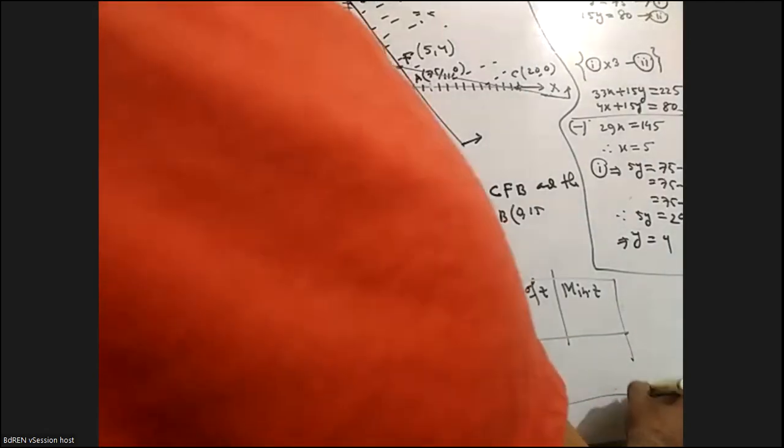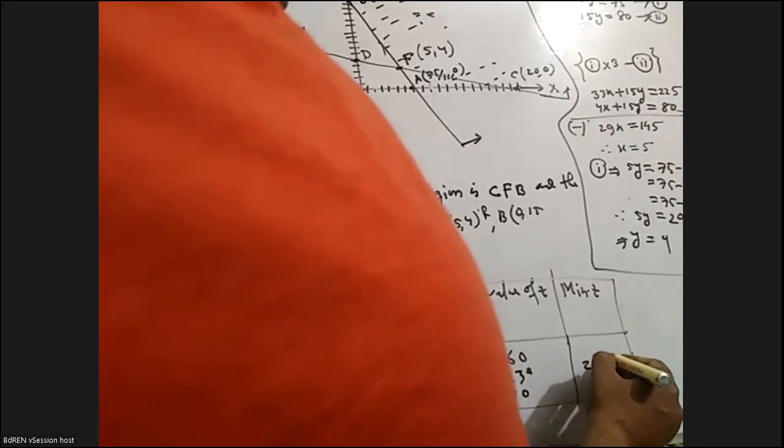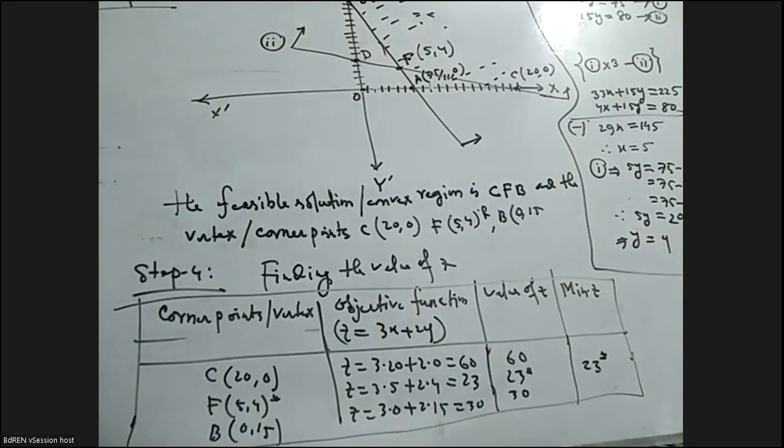So from this, we get the minimum value obtained at point F (5, 4). The minimum value of z is 23. Star point: the minimum value of z is 23. Now step 5.